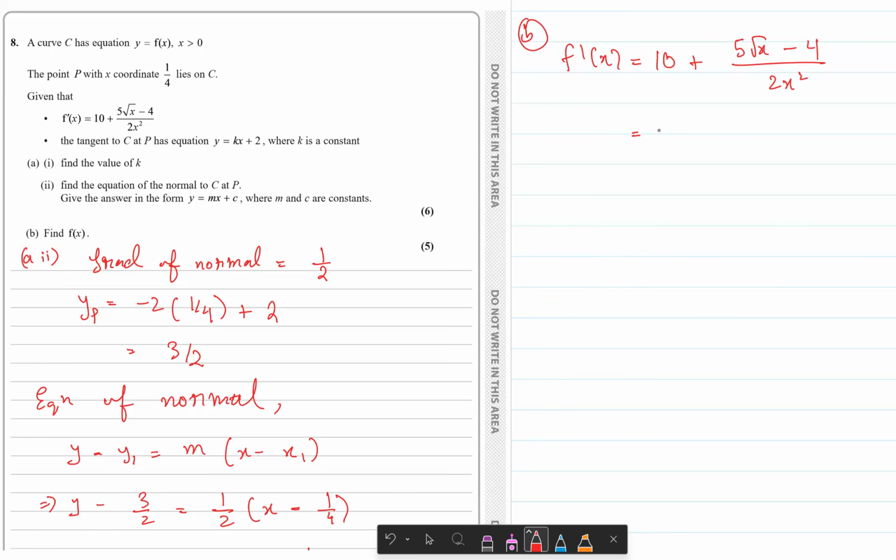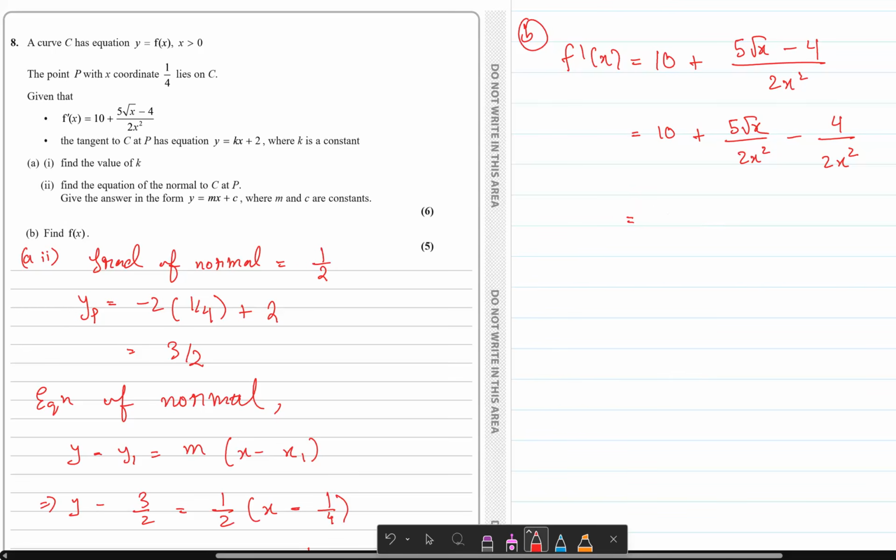So I can say 10 plus 5 root of x divided by 2x squared minus 4 divided by 2x squared. Now I can just make this 5x to the power half.